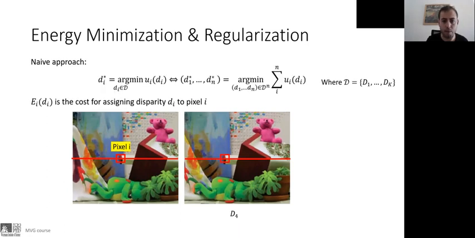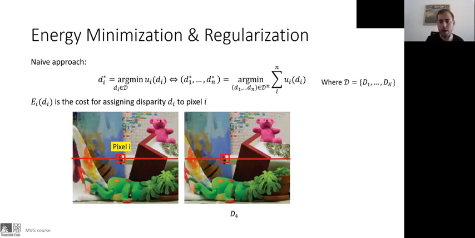That's called the naive approach, and in the same way, we can define it as a problem of finding the disparities for n pixels together that minimize the summation of all the cost values for all the pixels. Since the pixels are independent in this computation, we can write it this way.